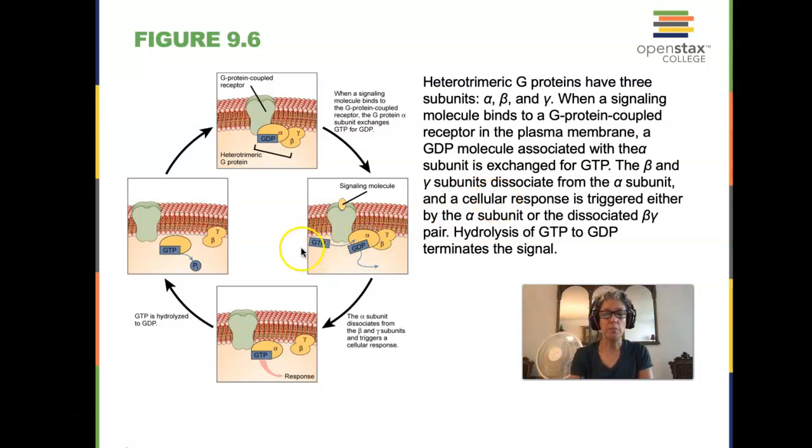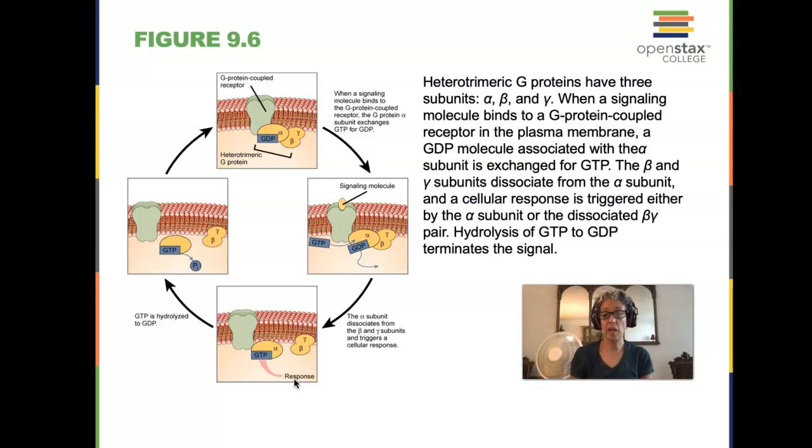When GTP is bound to the alpha subunit, that triggers the beta and the gamma subunits to come off. They are still adhered to the membrane by the gamma unit, but they are separated from the alpha. The alpha subunit is still attached to the receptor, and this is what triggers some response inside the cell.